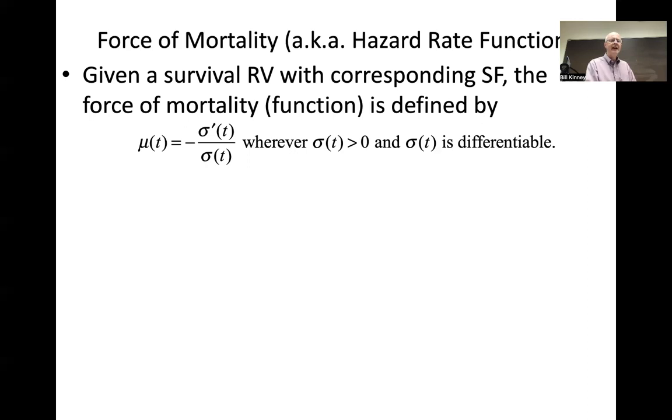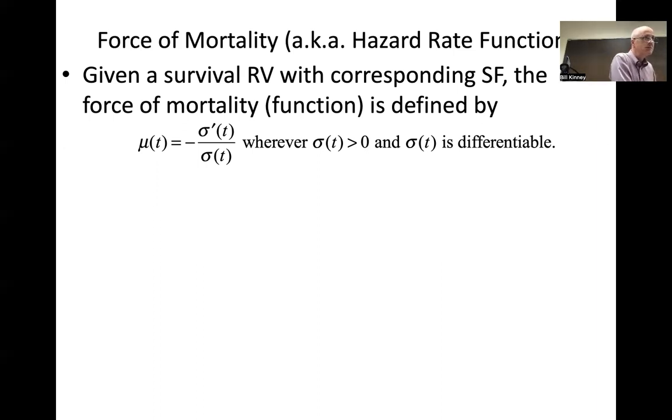So mu of t is negative sigma prime of t divided by sigma of t. Remember, sigma of t itself is not negative, but it is in general decreasing. Sigma prime is never positive. By putting the negative sign in front of this thing, you are creating something that's never negative, typically positive.